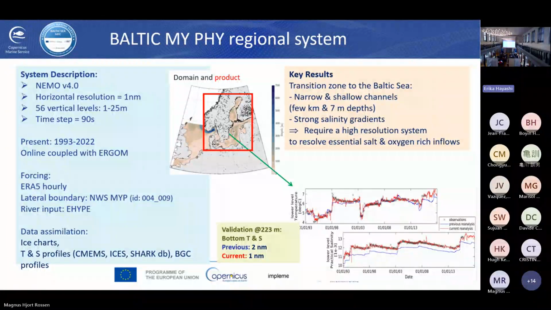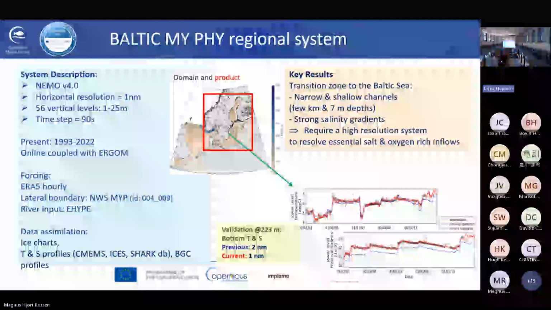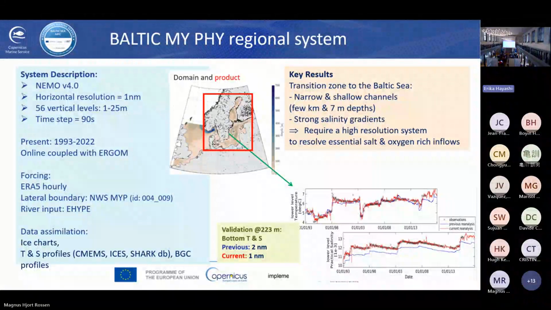We are upgrading it constantly, so it's going to be NEMO 4.2. We run at very high horizontal resolution of 1 nautical mile, which is about 2.5 kilometers, with 56 vertical layers.